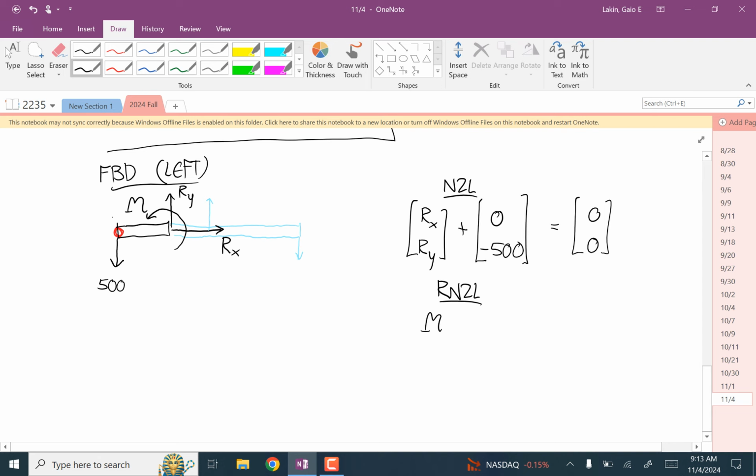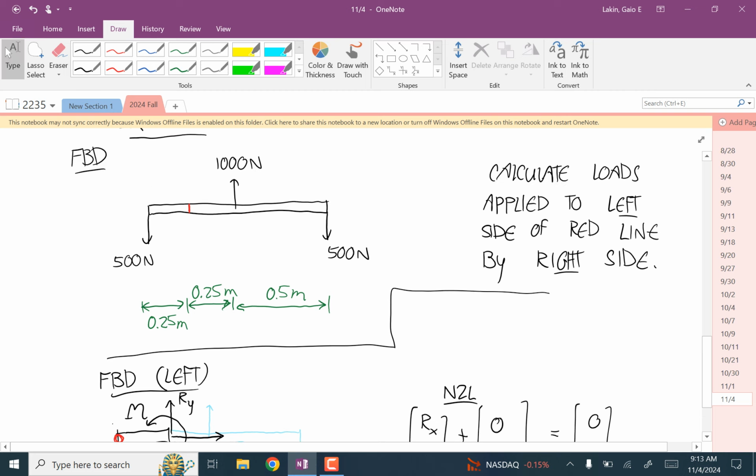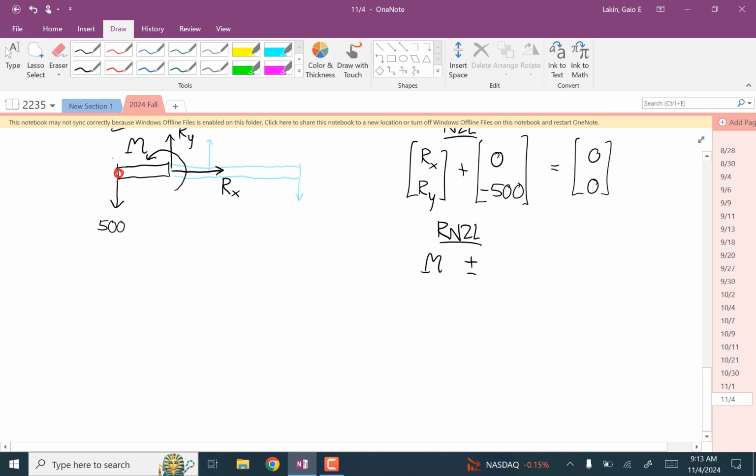there's no moment produced by this Rx, right? Because the line of action goes right through the about point. There is a moment produced by Ry. So we have a plus or minus. What's the moment arm of that Ry? 0.25. Yep, 0.25.